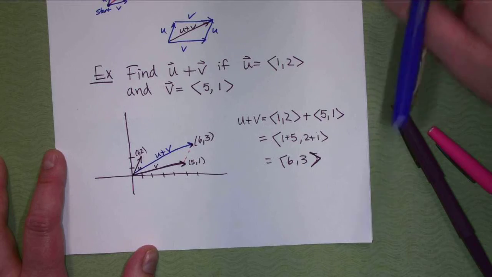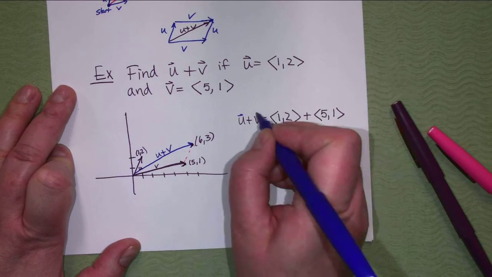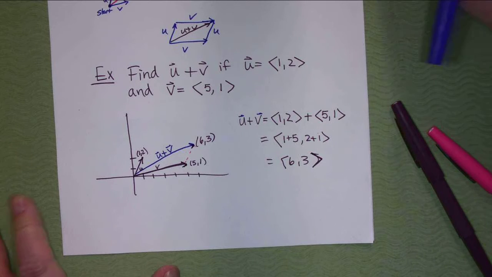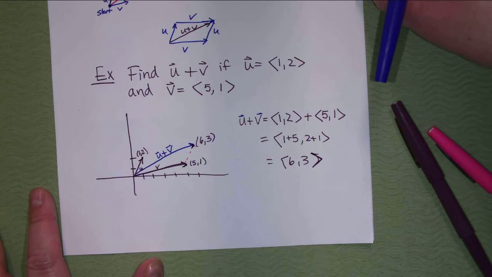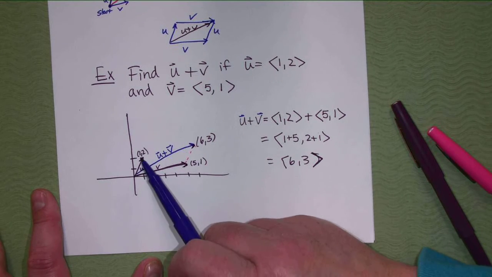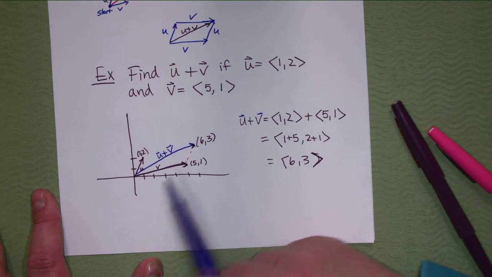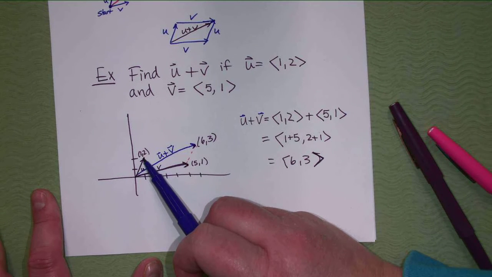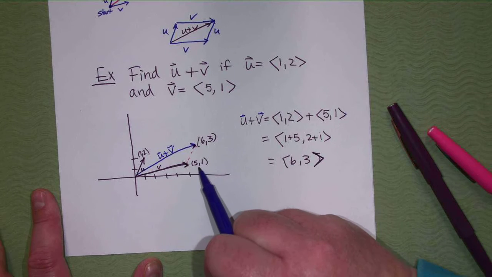And you could draw those little arrows on them. Basically, another way to think of it: if you have U and then you add this on to the end, so you're here at the end of U, (1, 2), and then V wants you to go 5 in the x direction.